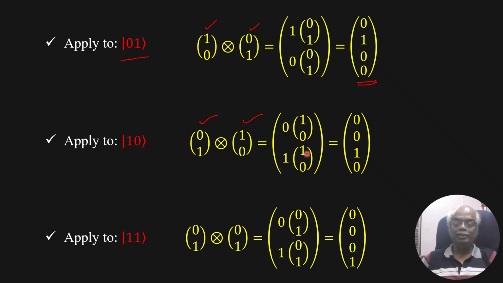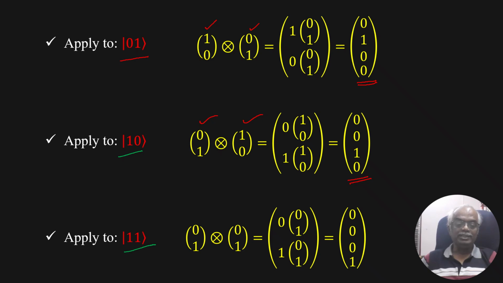Then the second entry is 1, multiplied with (1, 0), so you will get 1, 0. So the result is (0, 0, 1, 0), the column matrix for the |10> basis.